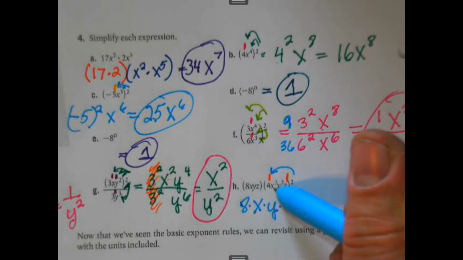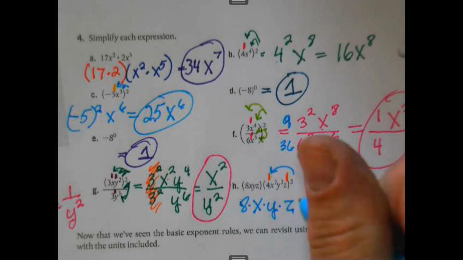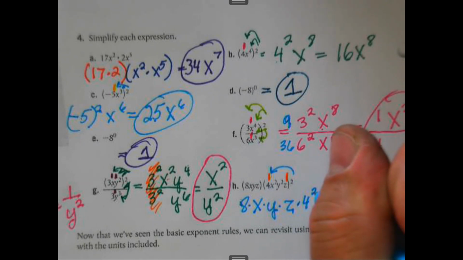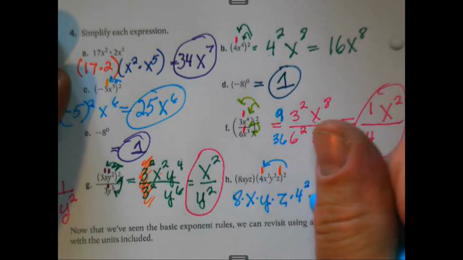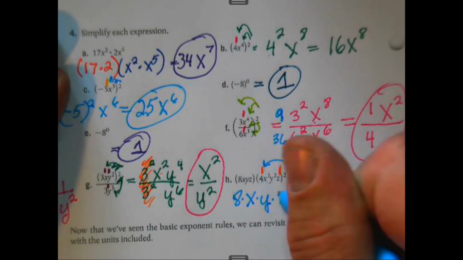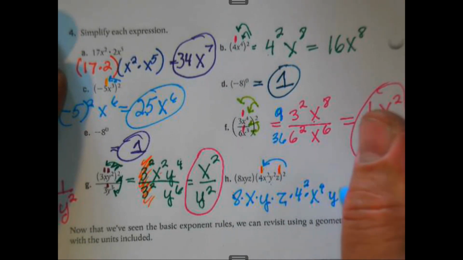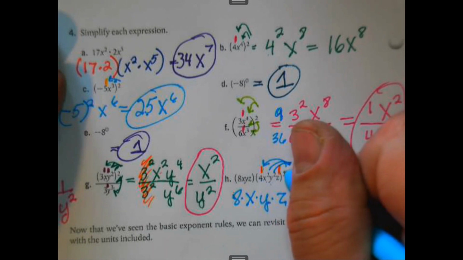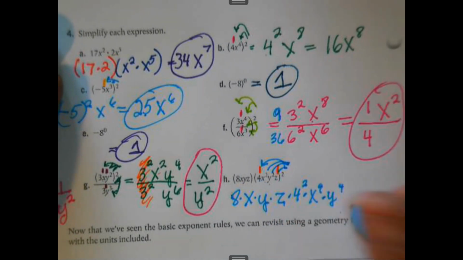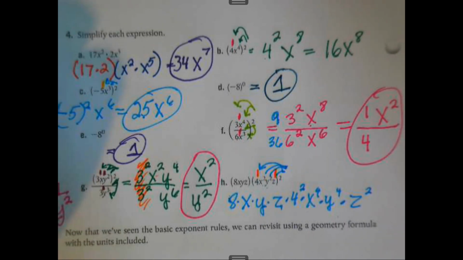After I'm done distributing, I can drop the parentheses. So I have 4 to the 1 times 2 is 4 squared. X to the 2 times 2 is x to the 4th. Y to the 2 times 2 is y to the 4th. And z to the 1 times 2 is z to the 2.